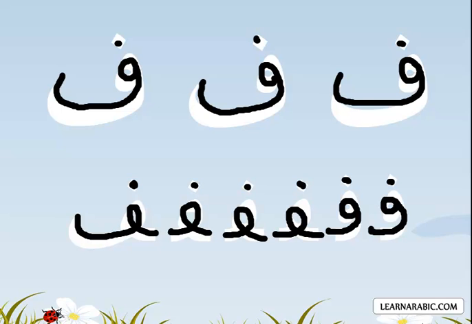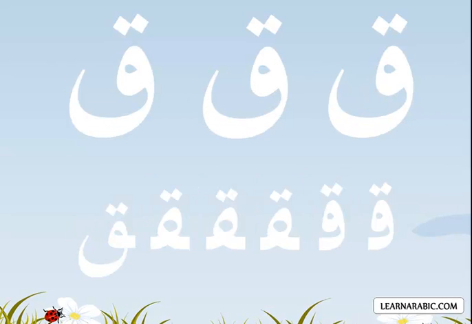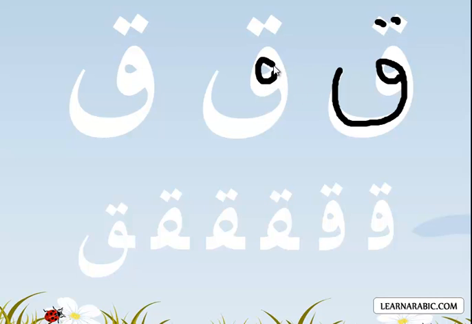Next we have the letter qaf, and this has two dots above it. So we have the same circle, but we see that the body is a bit more rounded compared to the fa.